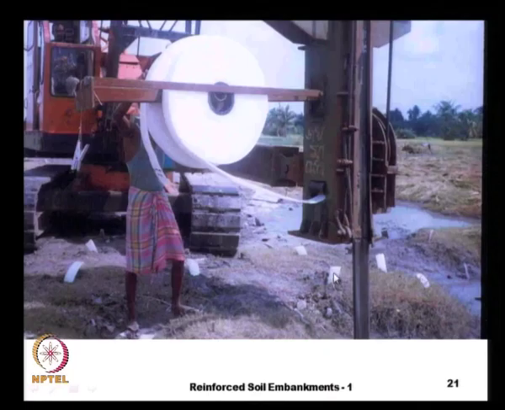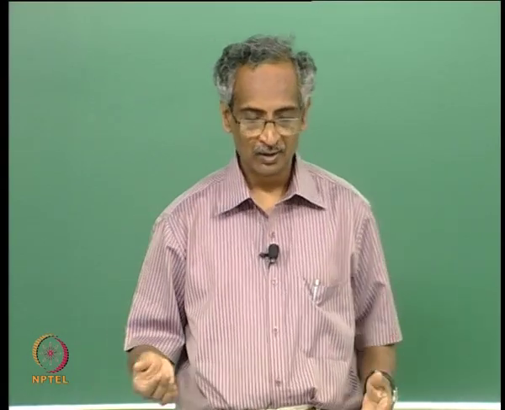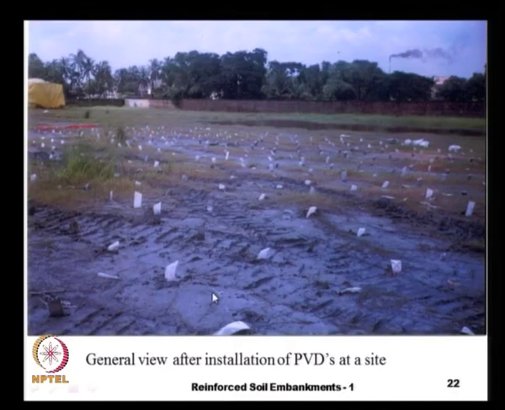Here we can see these PVDs installed at one site, and the ground treated with PVDs. Then on top of this, once we apply the surcharge load, either an embankment or our foundation, the soil quickly consolidates, and during the construction time itself we can achieve all the settlements.